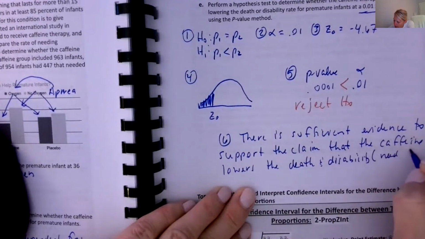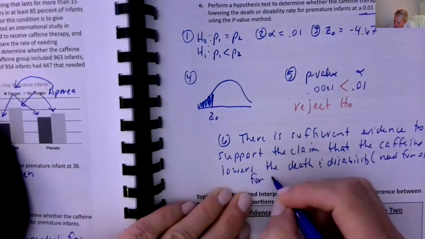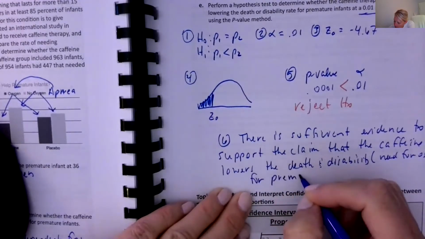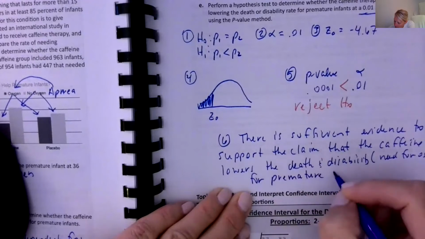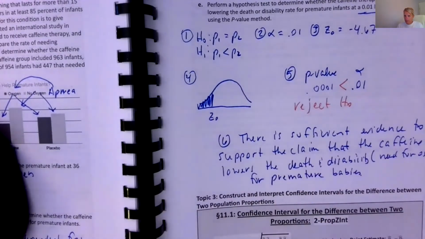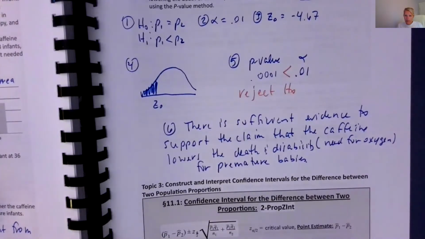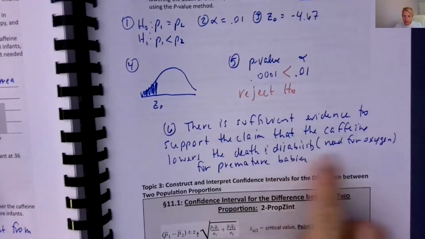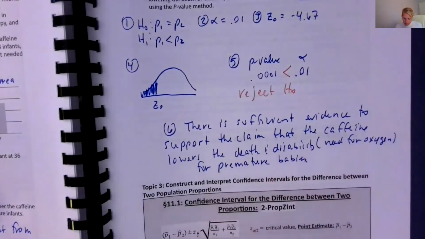Need for oxygen for premature babies. That's good. So there is sufficient evidence to support the claim that the caffeine therapy, caffeine lowers the death and disability or actually the need for oxygen for premature babies.